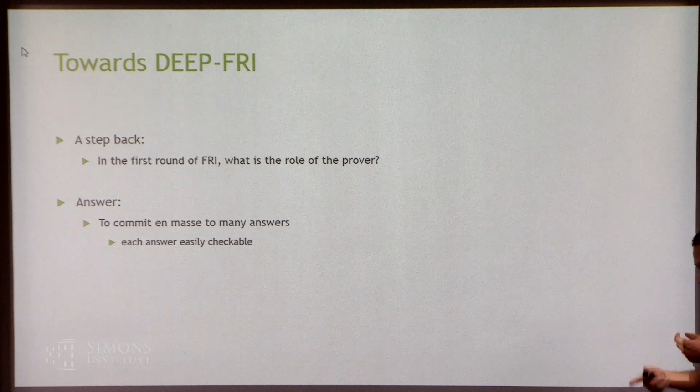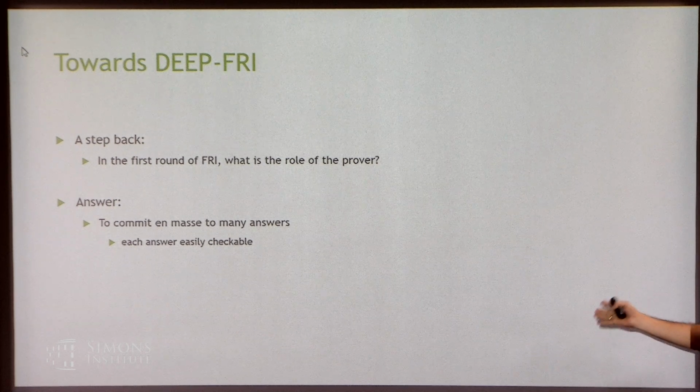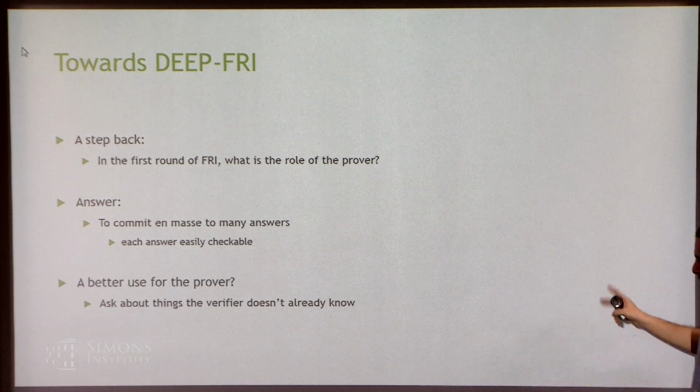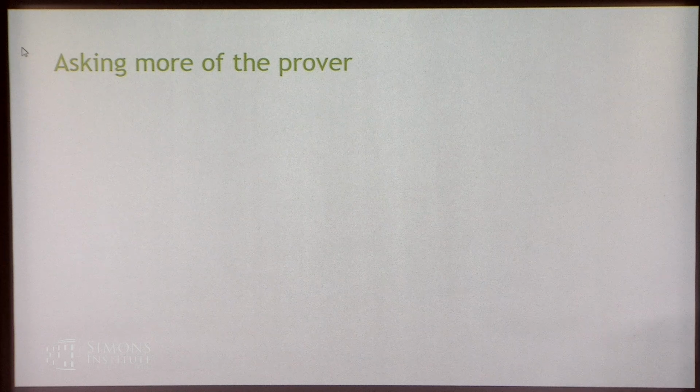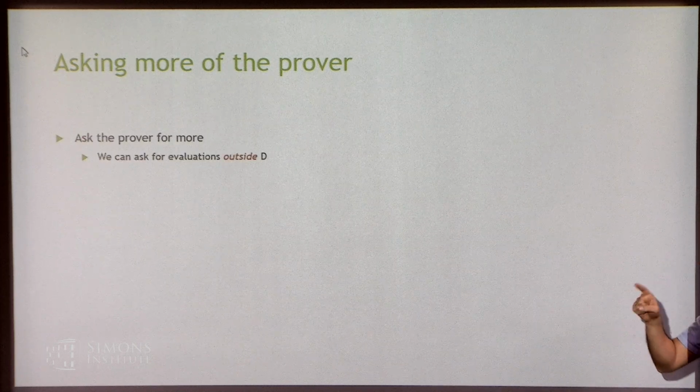Now in DEEP-FRI, we're going to ask questions for which we couldn't possibly check the answer ourselves, but we'll take the answer, incorporate it into our view of the world, and carry on, and at some point hope to catch the prover. So we're going to ask questions that the verifier doesn't know. So what could you ask? Here is a question you could ask the prover. You have a polynomial in mind.